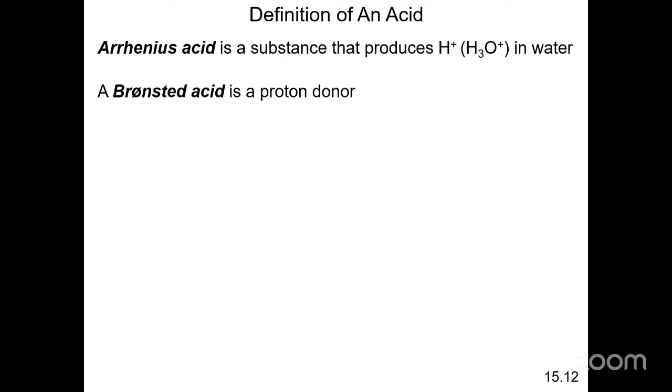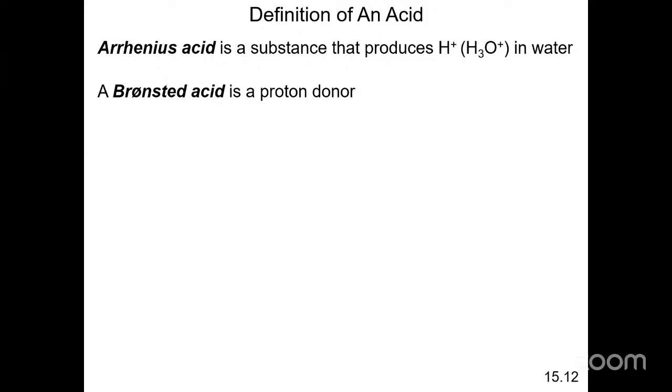So they don't actually contradict each other, excepting that you can have compounds which are considered to be Bronsted acids that are not Arrhenius acids, all right? In fact, the Arrhenius acid definition is based on how the compound behaves when you add it to water. In the Bronsted definition of acid, water is not necessary as a part of that definition.